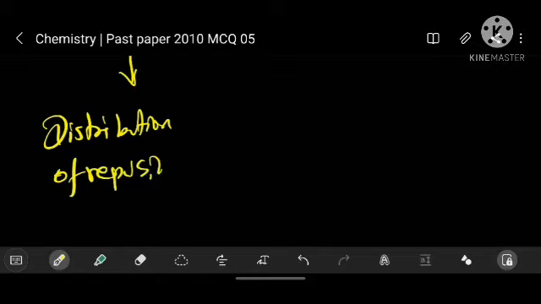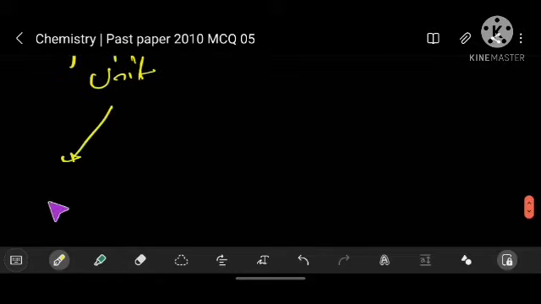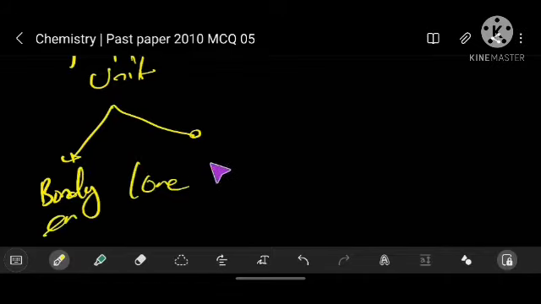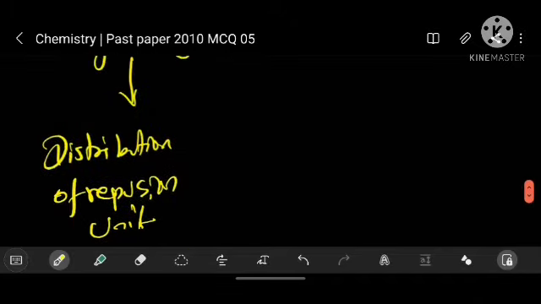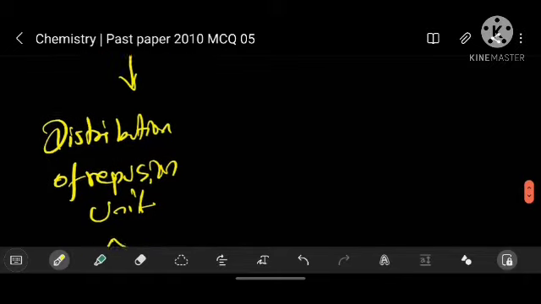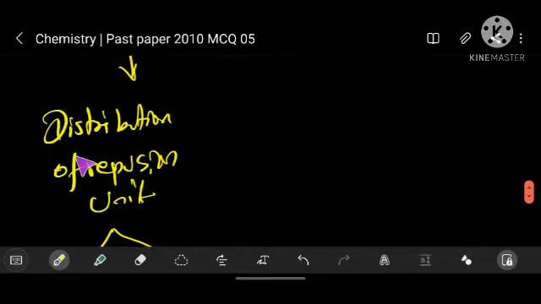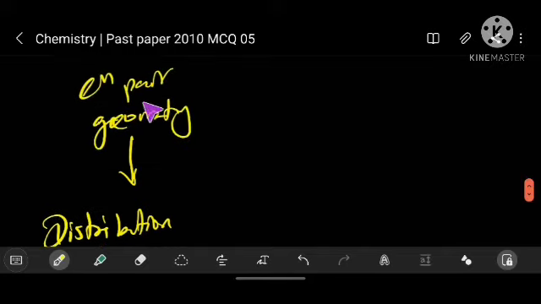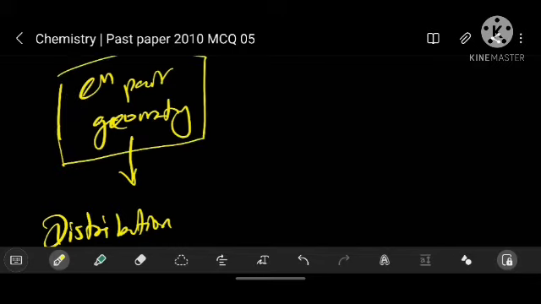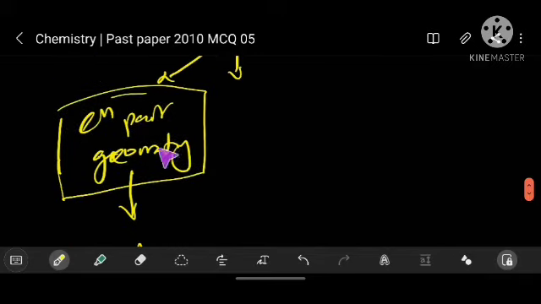We have two types of repulsion units: the bonding electrons and the lone pairs. The distribution of repulsion units in the space around the central atom is called electron pair geometry.